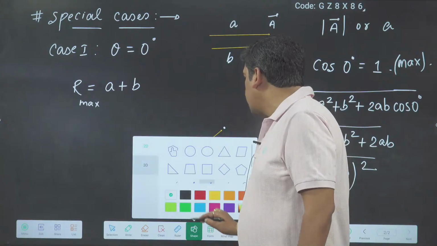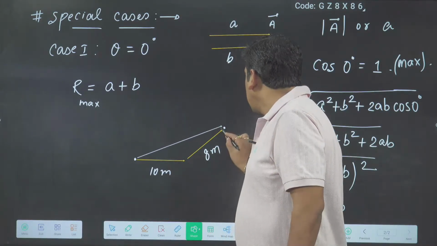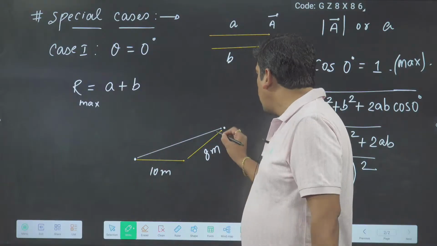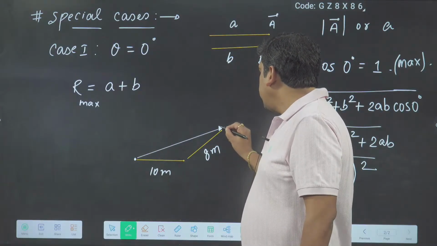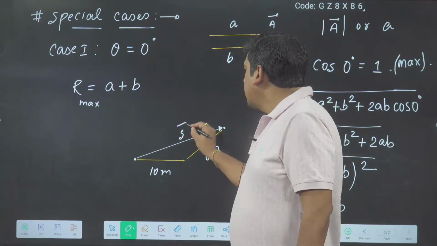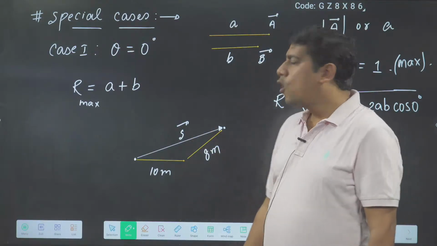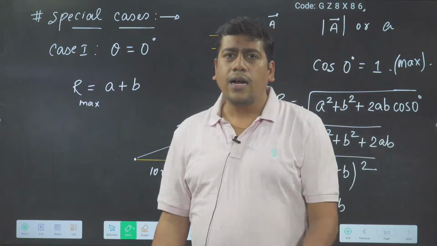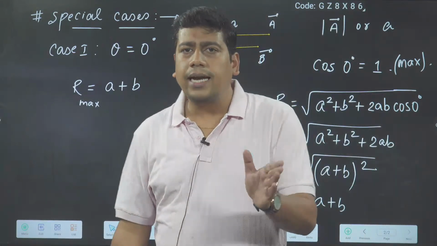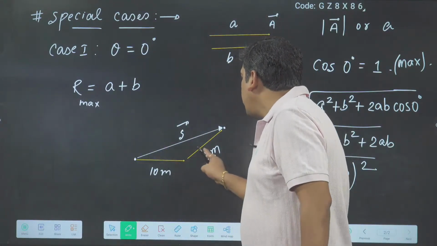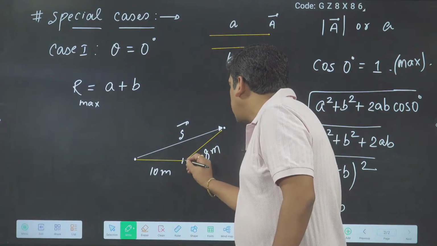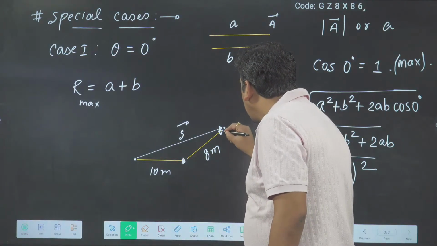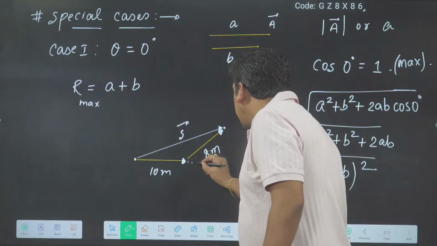Everybody knows this much. The shortest path, joining the line from initial to final, is known as displacement. So obviously, you can't say displacement is 10 plus 8, 18, because we are doing vector addition, and you must know the angle between this 10 meter vector and the 8 meter vector.